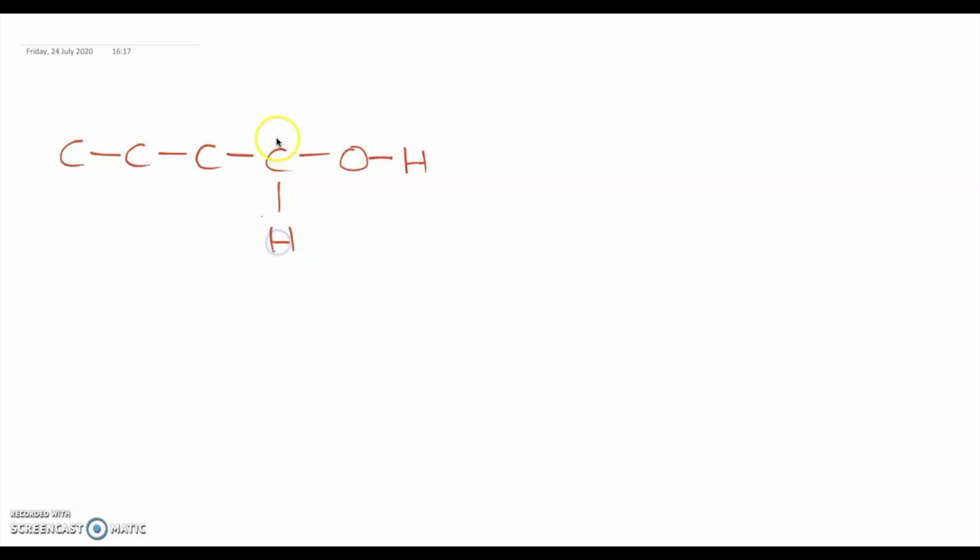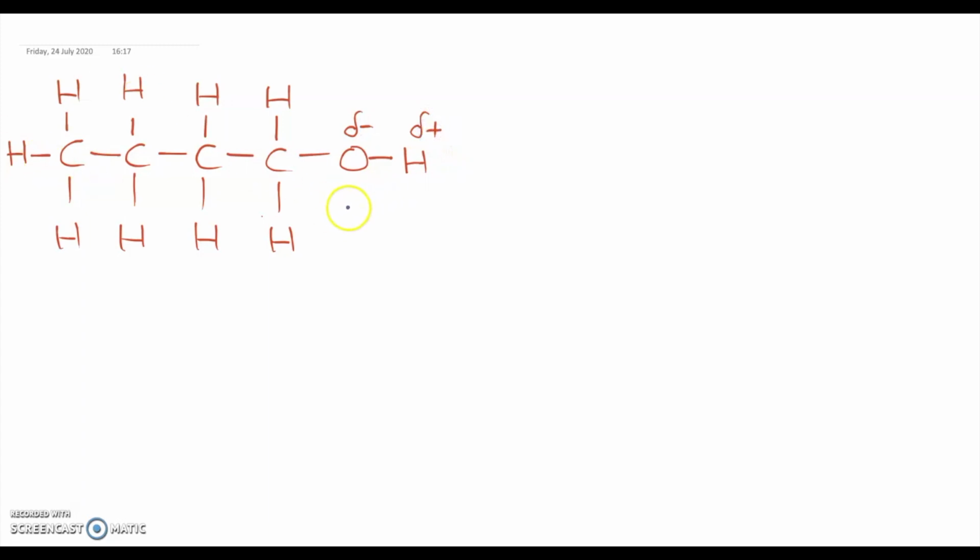Now I don't have to put the bond between the O and the H, but I've chosen to do that here in this diagram. So I'm putting all the hydrogens in around the carbons, and then I'm going to put the dipole that exists on the O and the H. So the oxygen is delta minus and the hydrogen is delta plus.